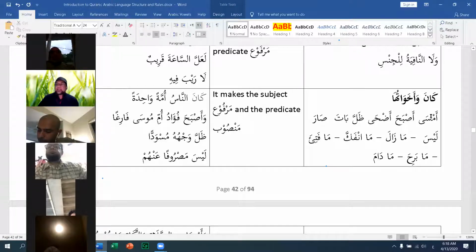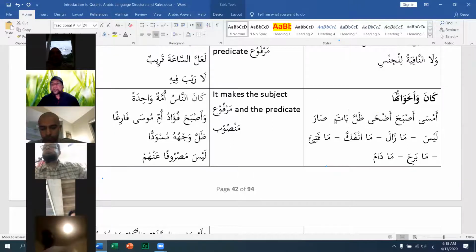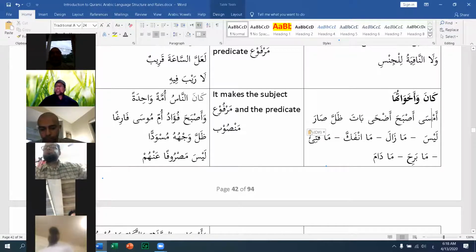أمسى, أصبح, أضحى, بات are used to tell the time in which the thing became like that. Amsa from masa, which means in the evening.